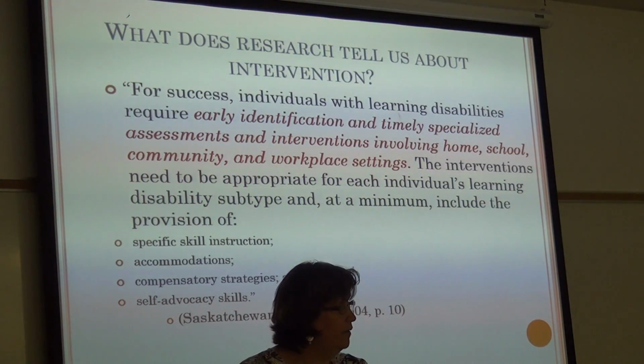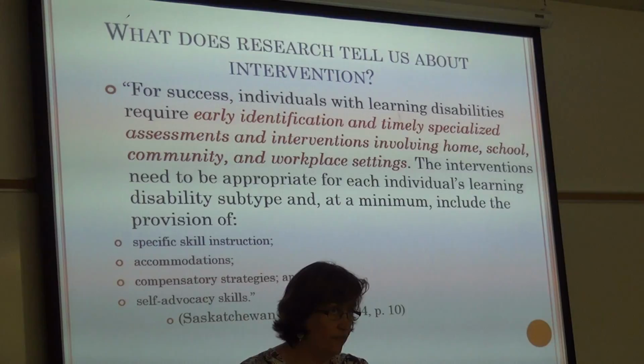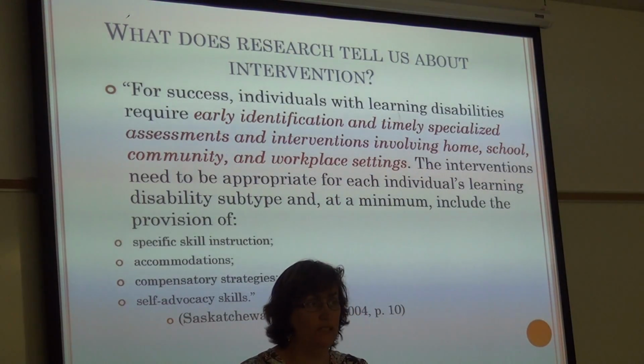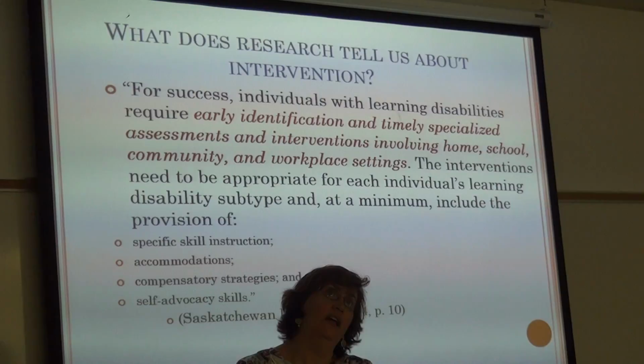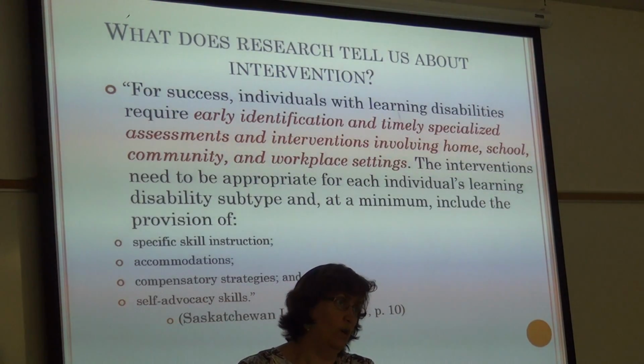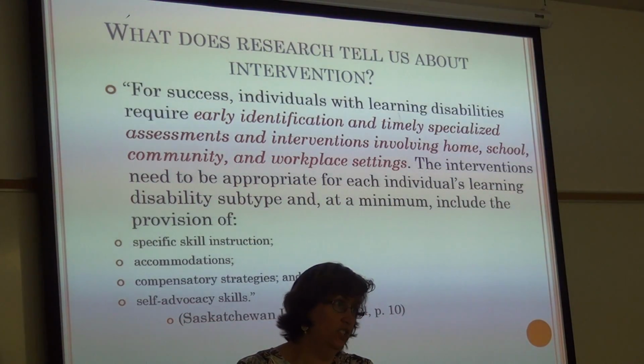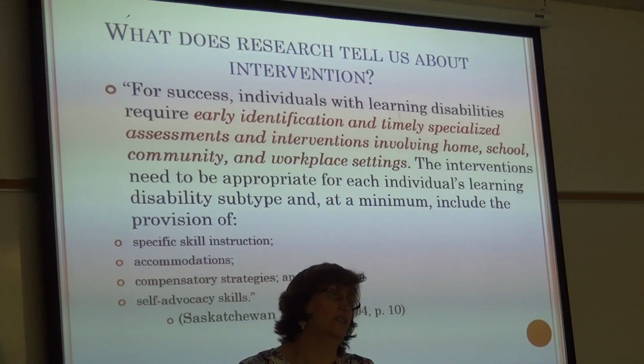So for success, individuals with learning disabilities require early intervention, as I mentioned previously, and timely specialized assessments and interventions involving home, school, community, and workplace settings. So basically everybody in all aspects of the individual's life ideally would be working together to provide specialized interventions to the individual who requires reading interventions.